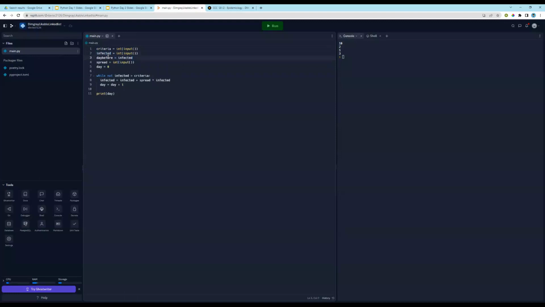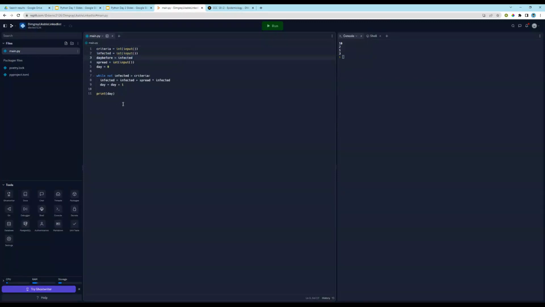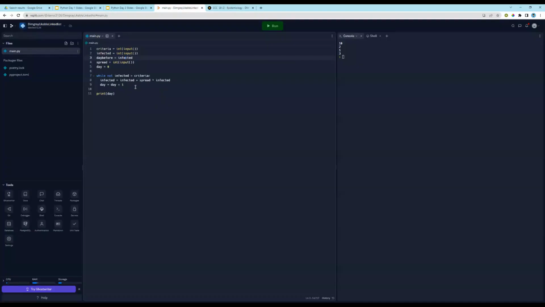So again, the day before equals infected, because at the beginning, at day 0, day before should have the same number of infected, because at day 1, the people who can infect people is the first ever person.